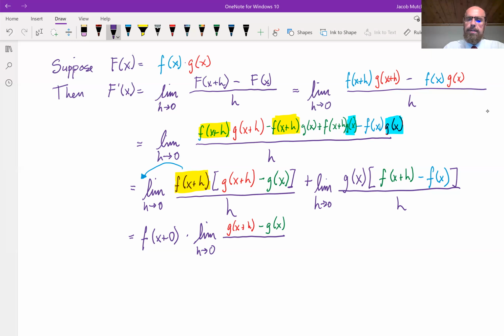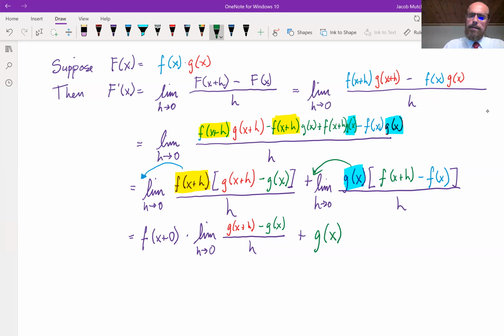And then we'll do something similar with this second limit. I'm going to move g of x. Let's highlight it again in the aqua just so that we're tracking it. That g of x, I'm going to pull outside the limit. And it'll just feature there. There's no h with that term, so it just exits the limit as itself.